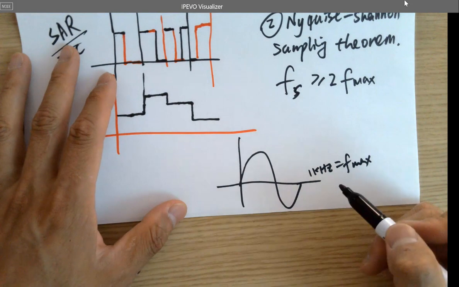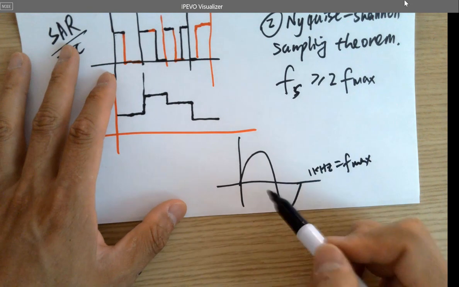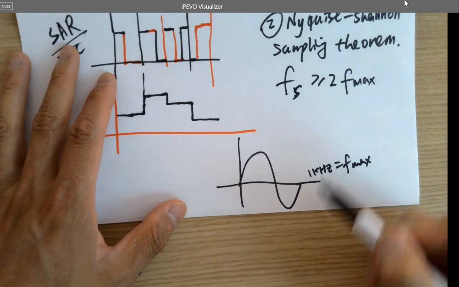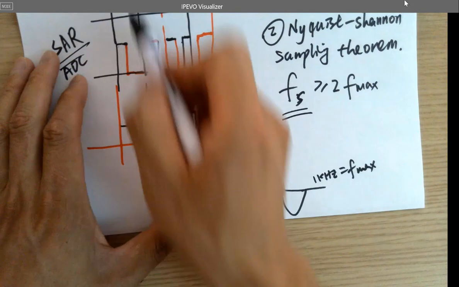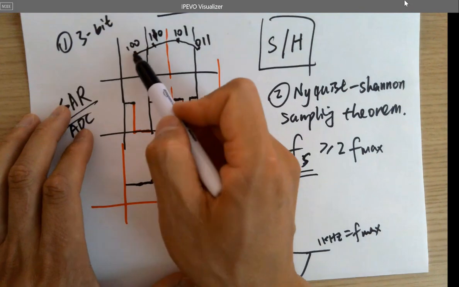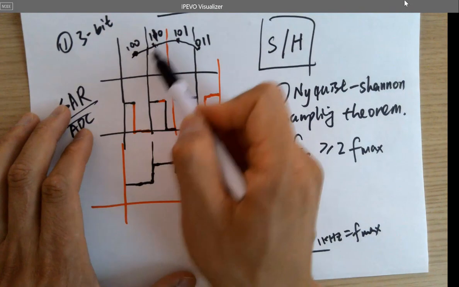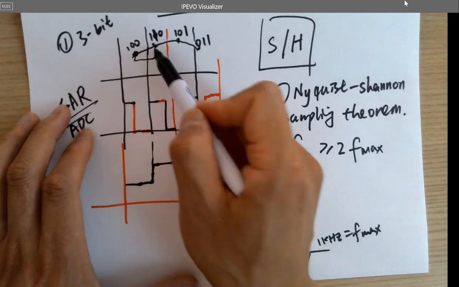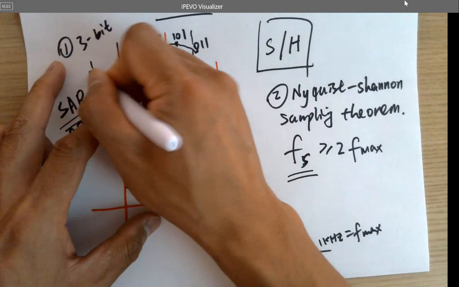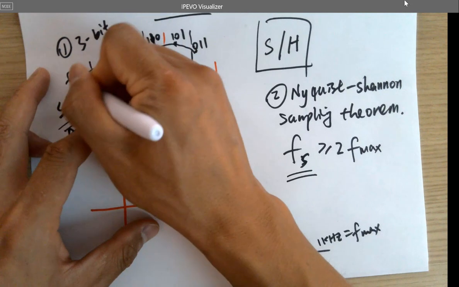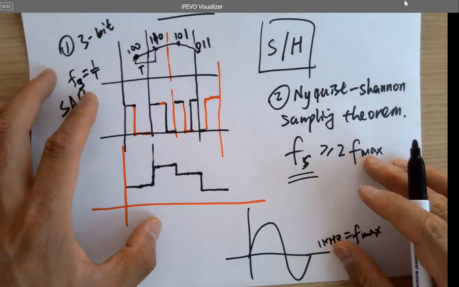This is just F max. So the sampling rate, if you are sampling this sine wave, this analog voltage, which is what I just showed you here, you sample it and hold it, and sample and hold it. So the time period between these two, and you convert it. For example, this is T, and so 1 over T will be the sampling rate, the sampling frequency.